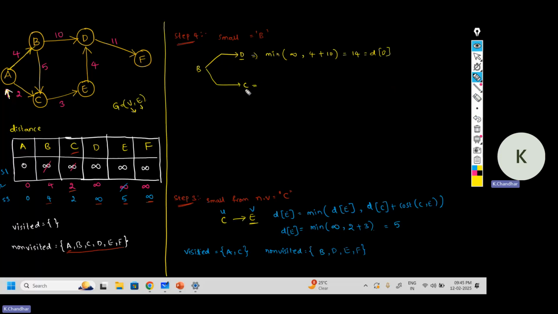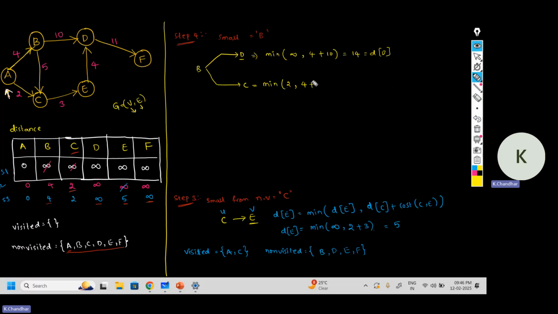Next, similarly, I need to find the distance at C. So how can I calculate the minimum? What is the distance at C? Distance at C is 2, comma. Next, distance at B. What is the distance at B? 4 plus what is the cost between B comma C?